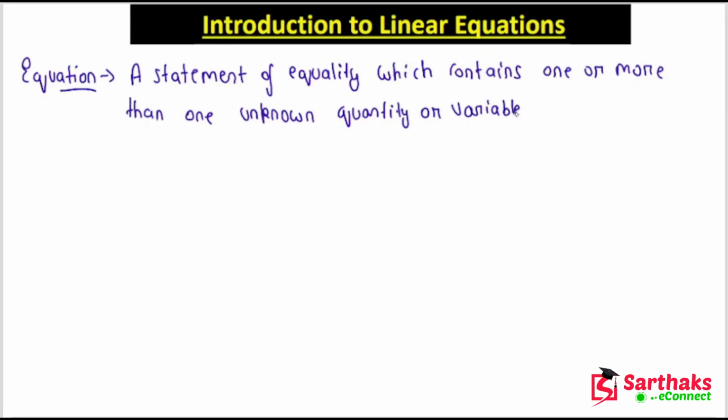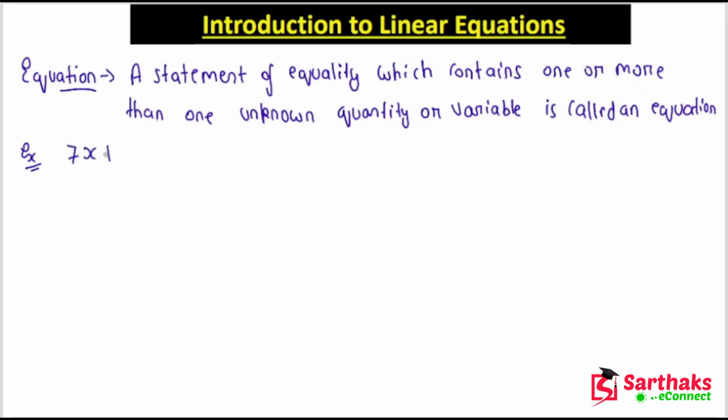One or more than one variable is called an equation. So you can say that a statement of equality which contains one or more variable is called an equation. So let us take some examples.